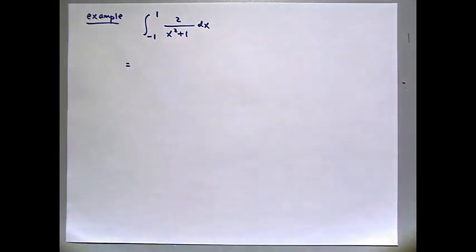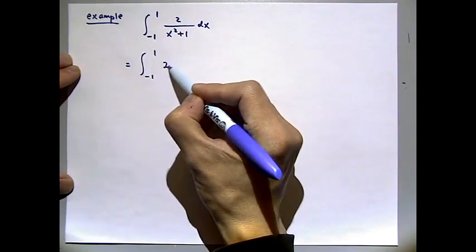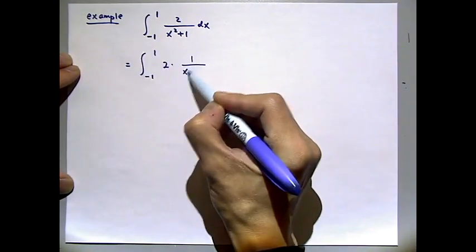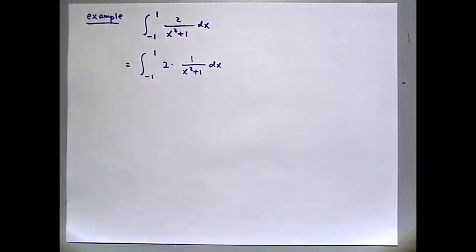First thing that's sometimes useful is this. Let me show you. This, of course, means 2 times 1 over x squared plus 1.